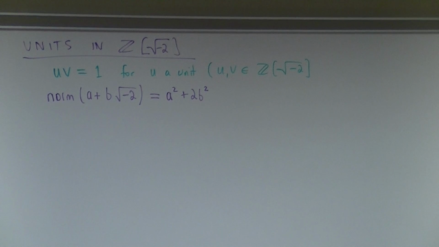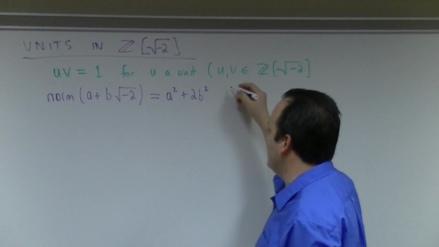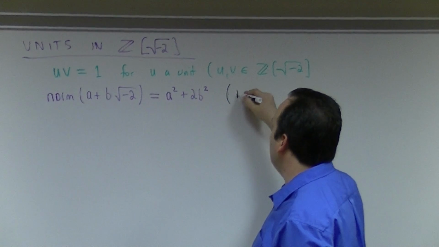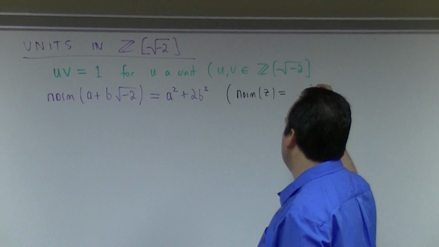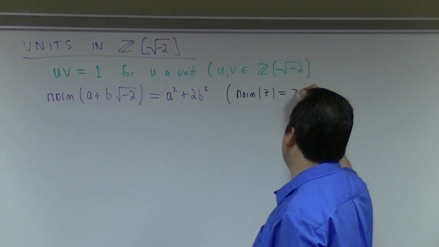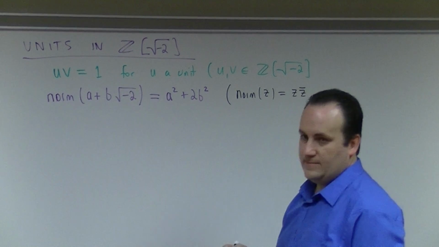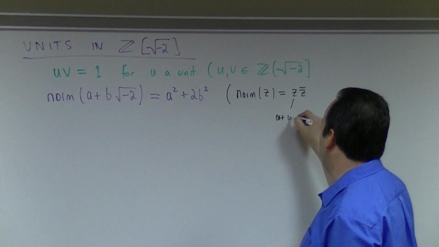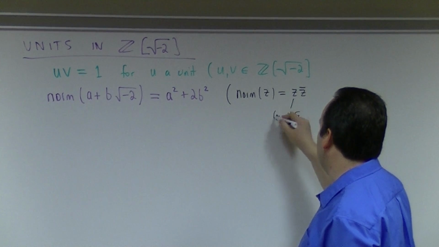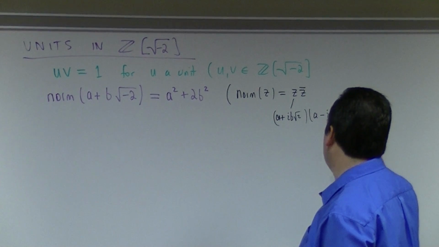Now, I personally like to view this definition in terms of what's going on in the complex case, because it's much more insightful for me to look at it this way. The norm of z is z times z bar. Here z is equal to a plus i b root 2, whereas z bar is a minus i b root 2.